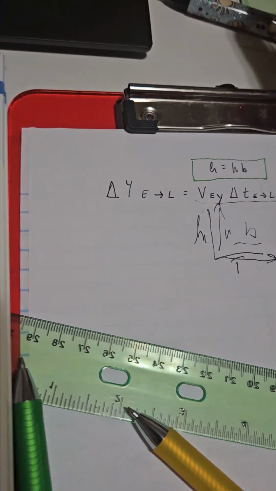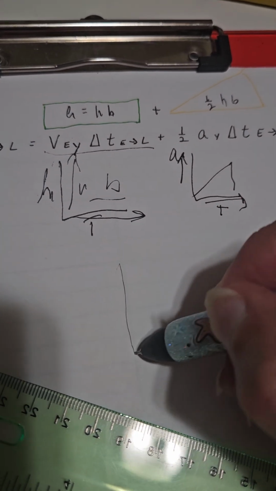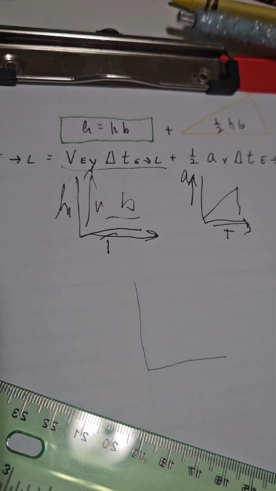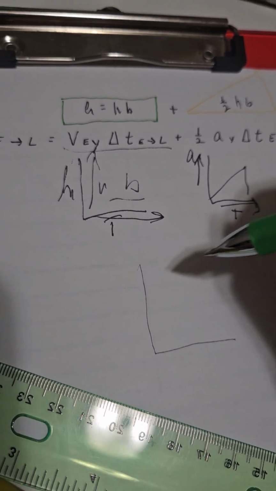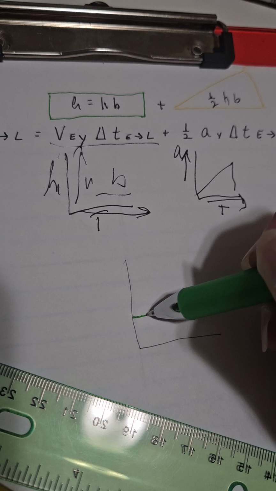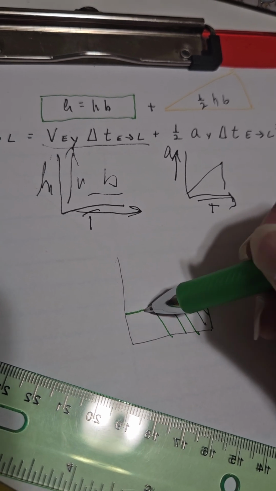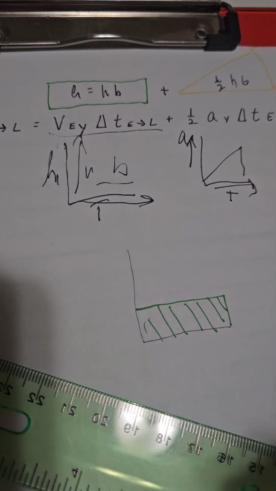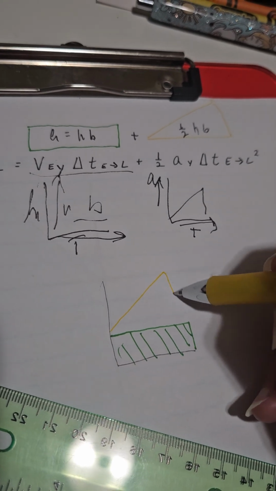And if you add these two together on a graph, it would look like this. You have your height times your base, and there goes your rectangle, and then we add the triangle on top of that.